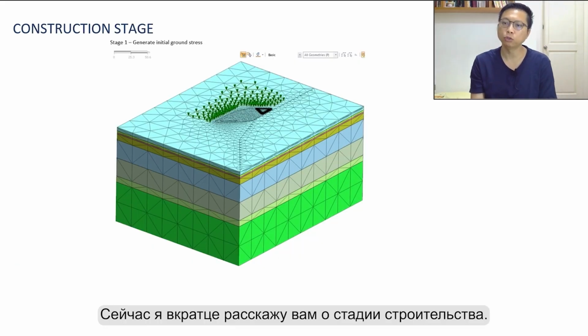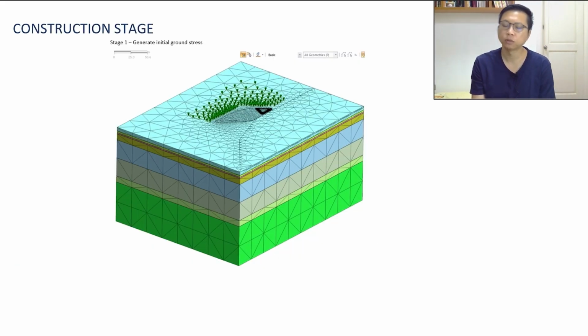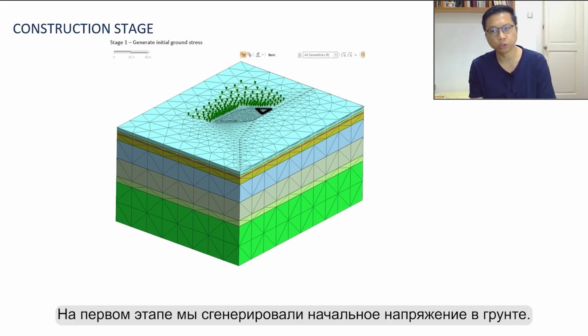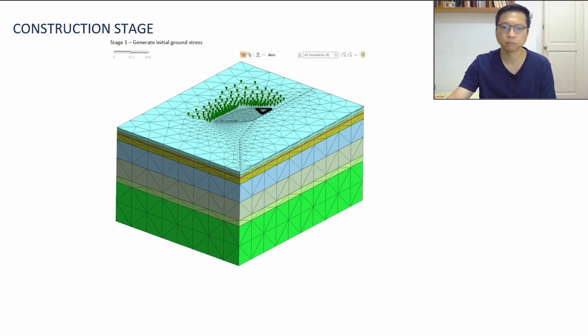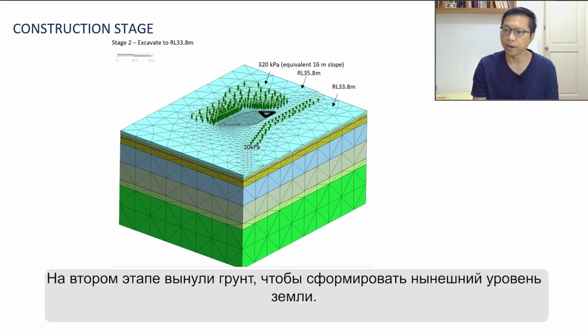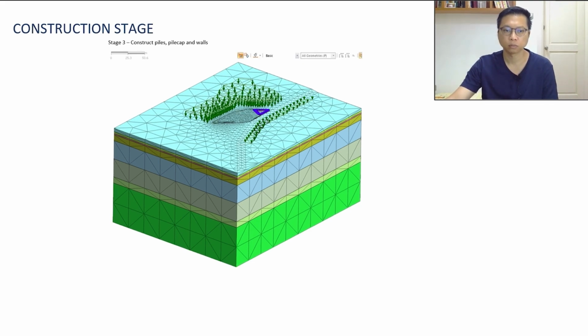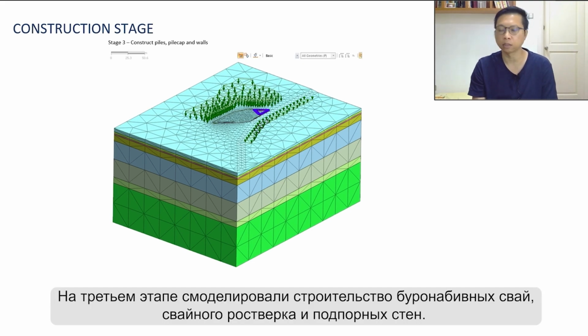I will quickly walk you through the construction stages. We generate initial ground stress in stage 1. We then excavate the ground to form the present ground level in stage 2. We simulated the construction of bore piles, pile cap, and walls in stage 3.